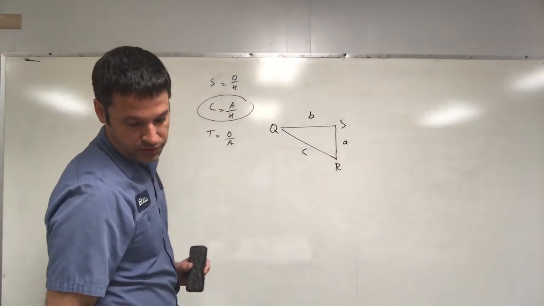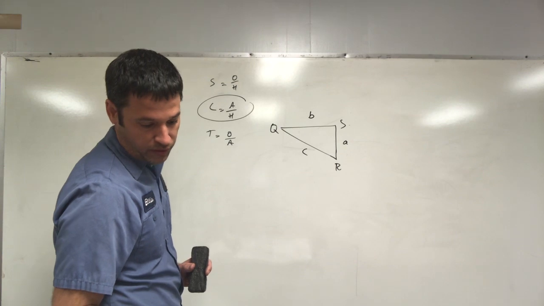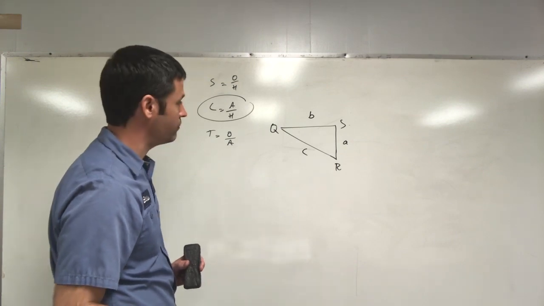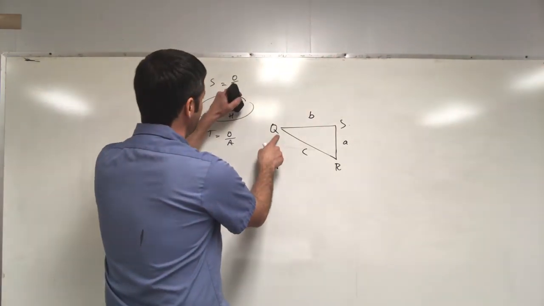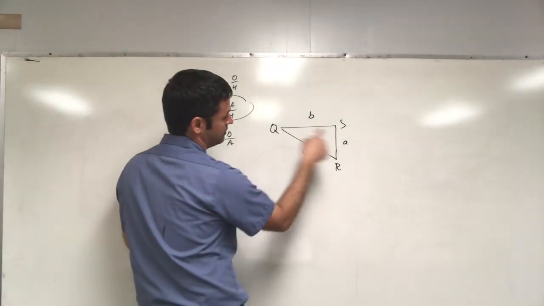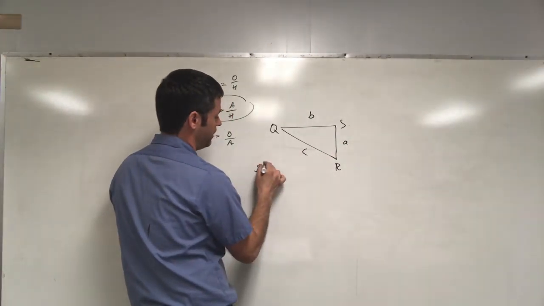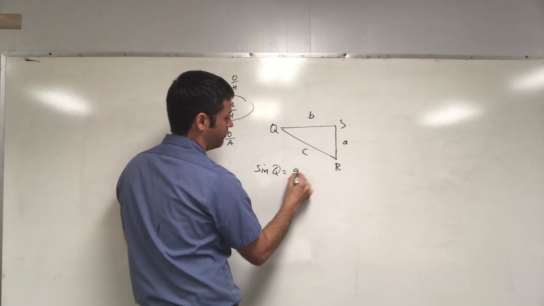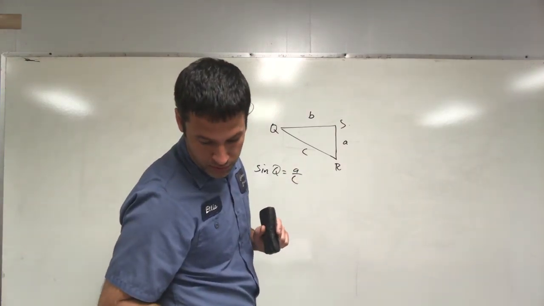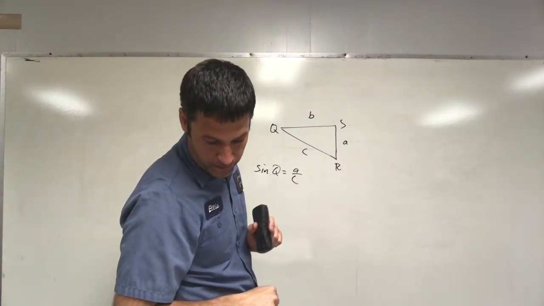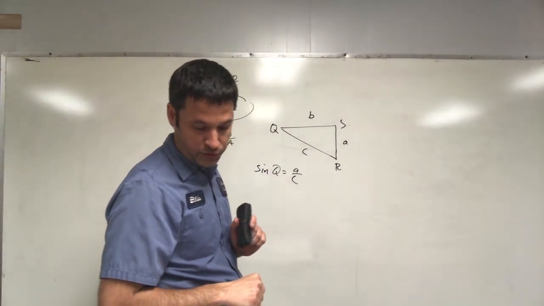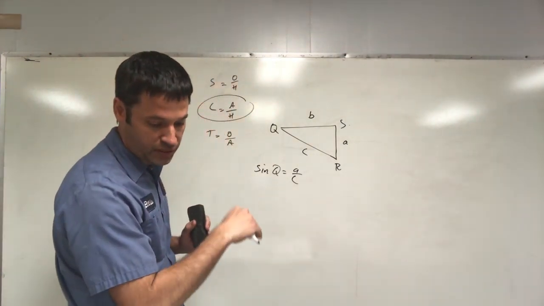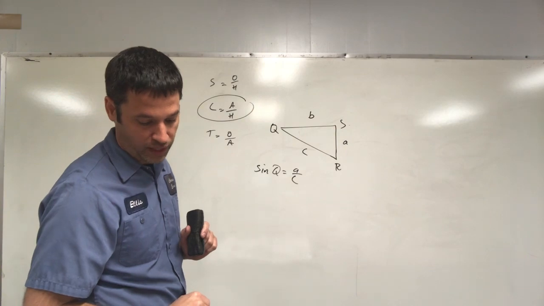So the first question, it says write expressions for the values of the sine of q. The sine of q is opposite over hypotenuse. Opposite is a, hypotenuse is c, so the sine of q in this case is a over c. Sine of q is a over c, the cosine of q is b over c, and the tangent of q is a over b.